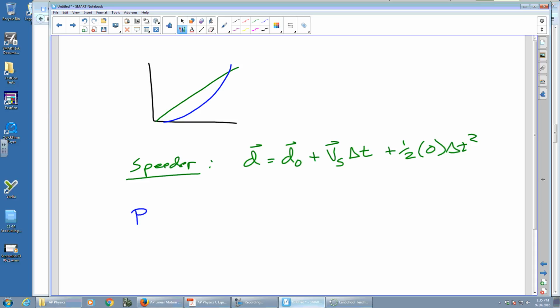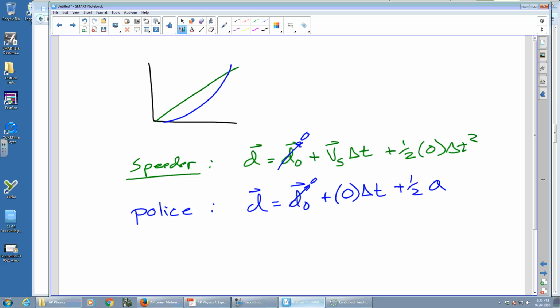For the police, D again, because they're going to end up in the same spot. D naught, which I think for both of these we'll call D naught 0, plus, they start from rest, plus 1/2 acceleration of the police, delta t squared.